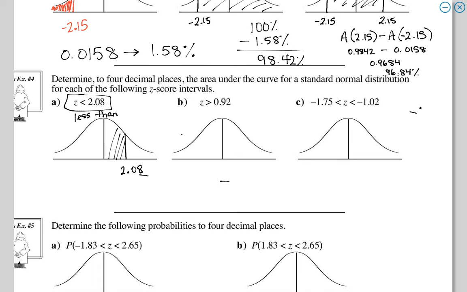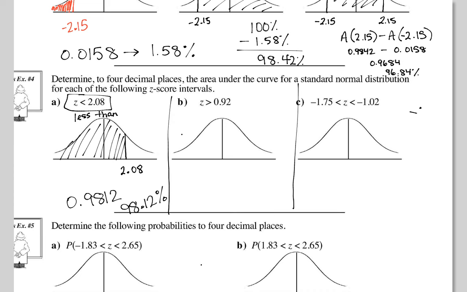The chart tells us that. So that's the chart. Find 2.08. Find 2.0. It's 0.9812, and the percentage for that would be 98.12%. For the percentage and decimal conversion, just two decimal slides.